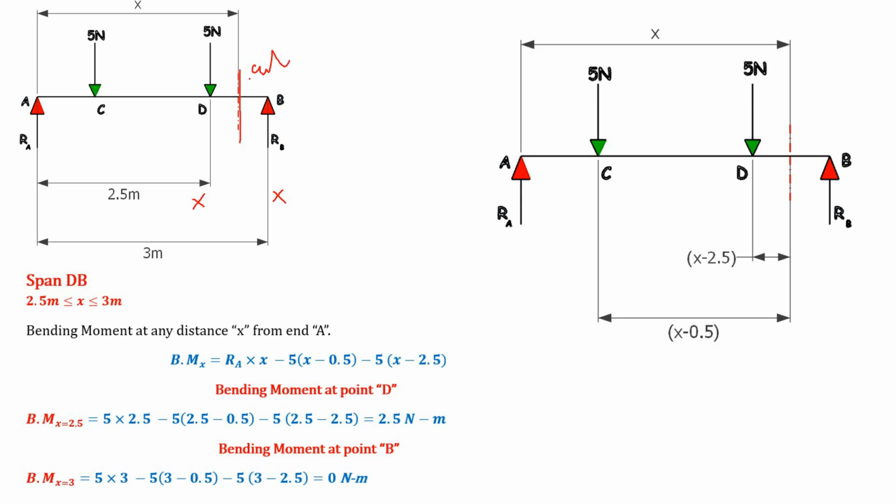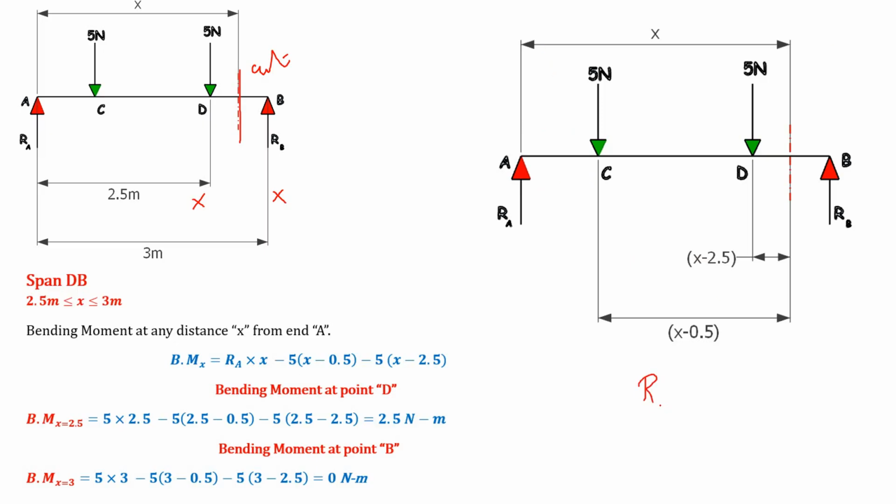From point A to this cut, the distance is x. So the equation will be RA times x minus 5 into the lever arm distance. You look at this figure: RA times x.